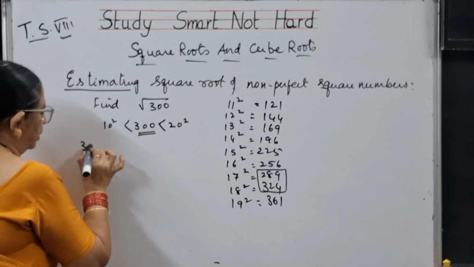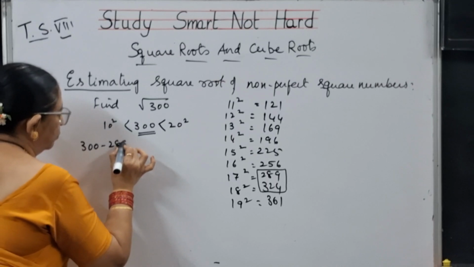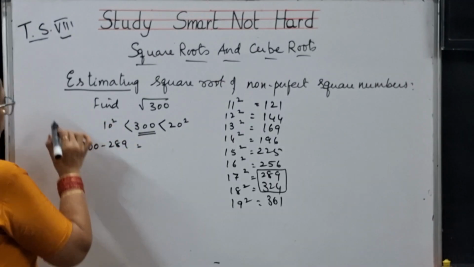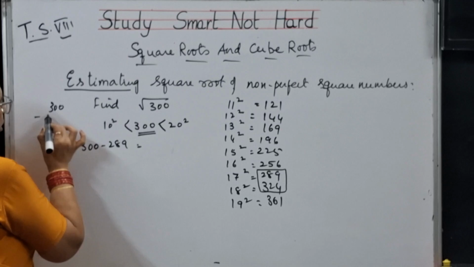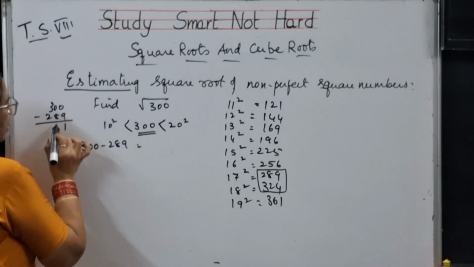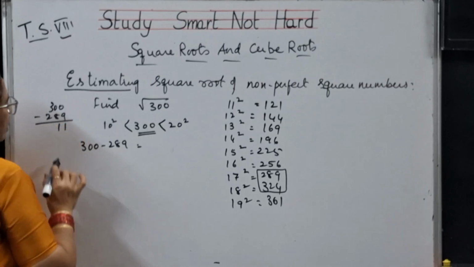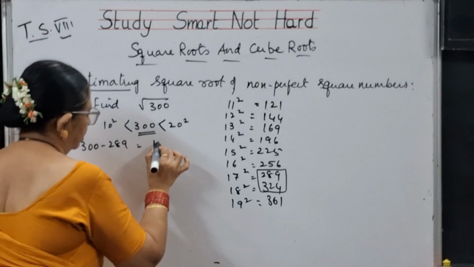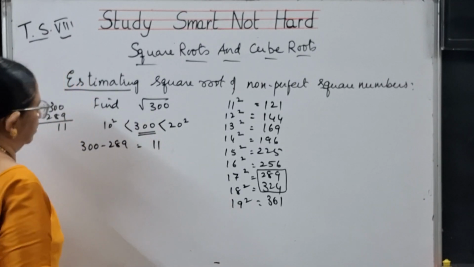So if I take 300 and subtract 289, how much am I getting? 300 minus 289. I am getting 11 here. The difference is 11.